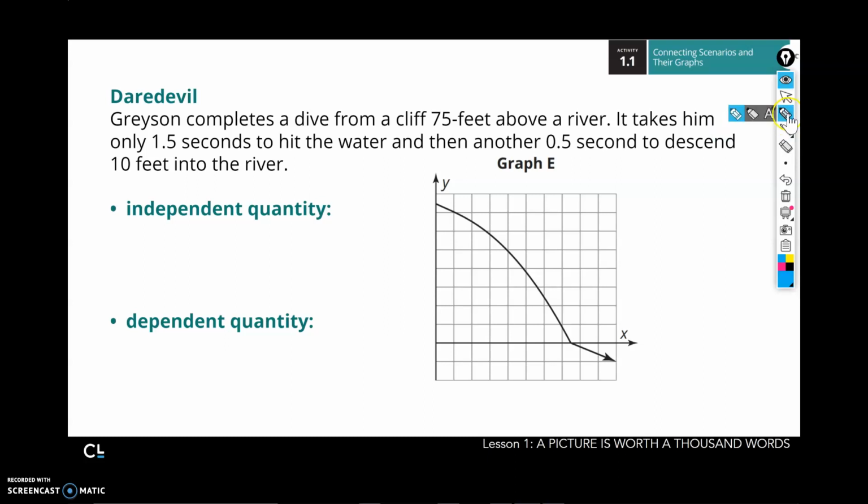Let's figure out what our independent quantity is. Our independent is going to be our time, our seconds. And that's going to be our x-axis. Remember, your x-axis is your independent. Each interval, it looks like, could be maybe 0.2 seconds. For your dependent, it's height.